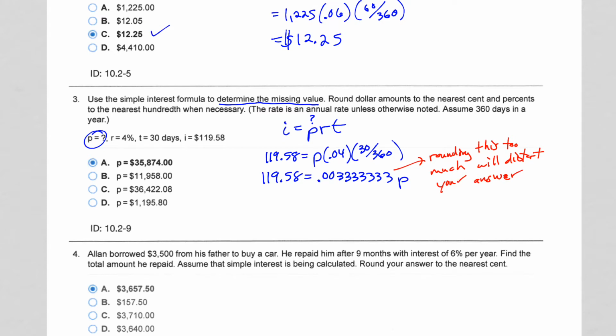Rounding it is making it approximate. So the more numbers you put, the better your answer is going to be. In this case, we're going to go ahead and divide both sides by all this.